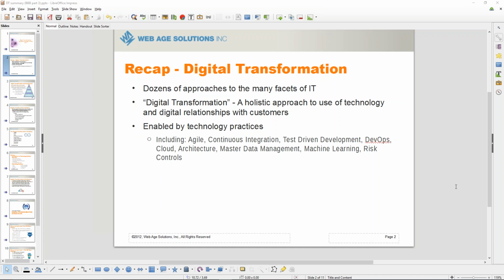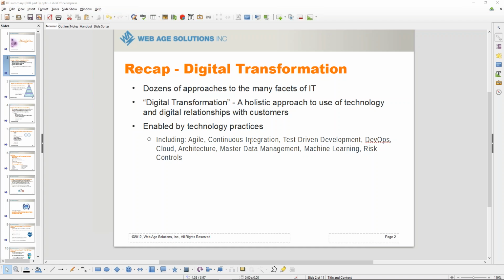Those are components for the transformation. Folks are also talking about, maybe if you're saying DevOps, we mean continuous integration and such.